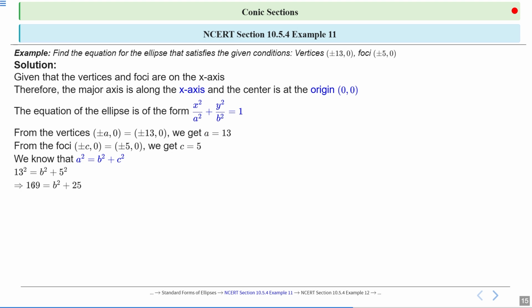Simplifying, 13 square is 169 and 5 square is 25, so 169 is equal to b square plus 25. From here, b square is equal to 169 minus 25, which is 144. So b square is equal to 144, so b is equal to 12.